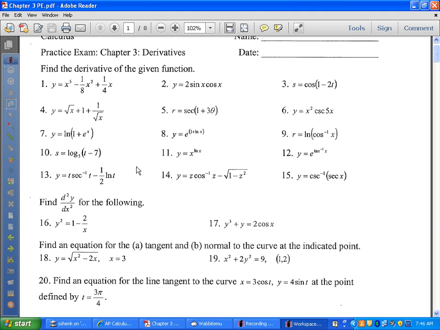Yep, in 5 you've got r and theta, so r would be similar to your y, theta would be similar to your x. In 3 and 10 you've got s and t's, but it's the same as x and y. At 14 you've got y's and z's instead of y and x.